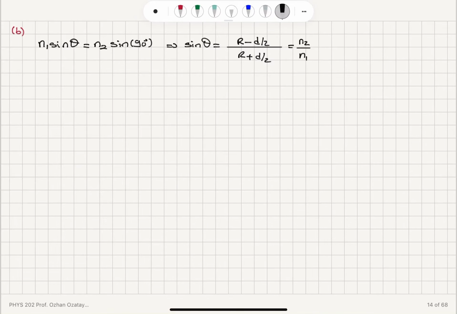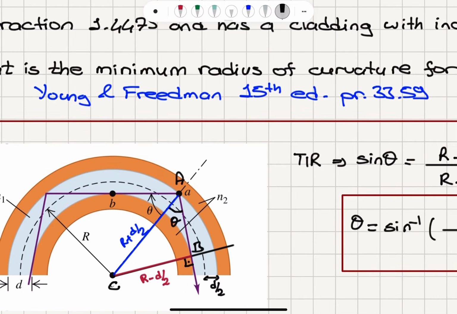For this critical angle theta, at the onset of total internal reflection, we have a 90-degree angle here.